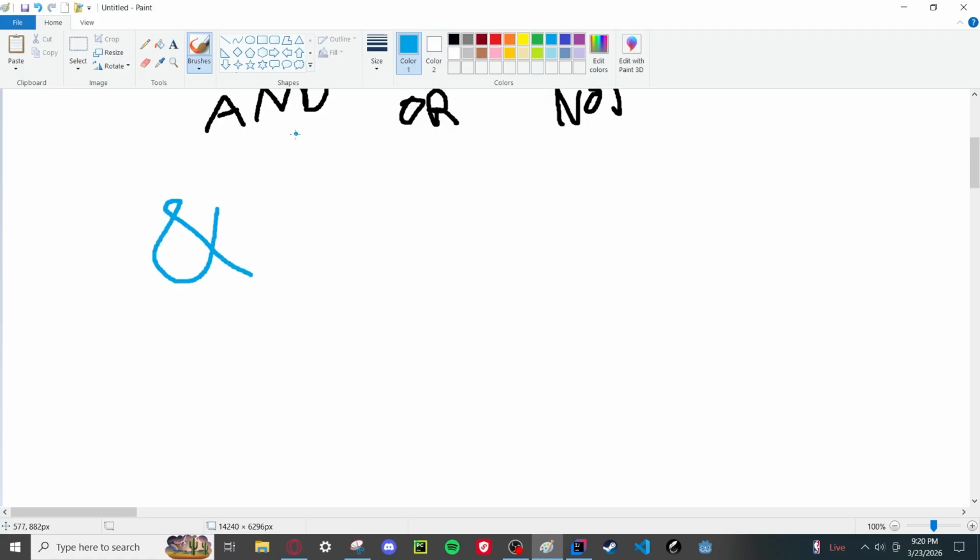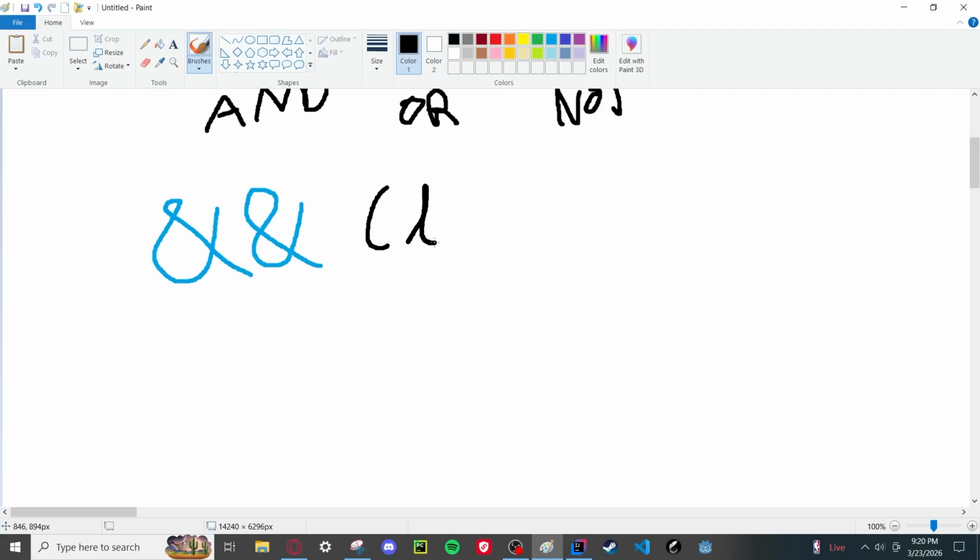So if we're looking at the AND operator, which is signified by two ampersands, this is also known as the logical AND.